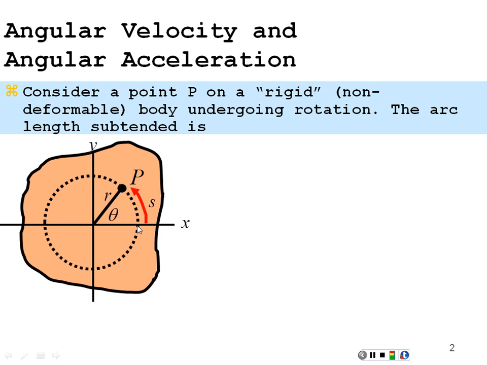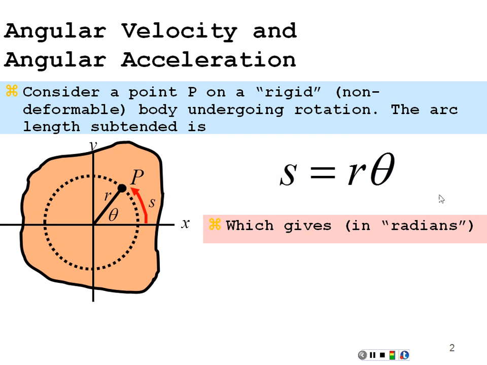So we have a point on this rigid body, and it's moving through an angle theta, and by doing so it is subtended through an arc length equal to s. So s would be our linear displacement in this sense. And we would know by our definition from arc length that the length s would be equal to the radius of the arc times the angle theta.